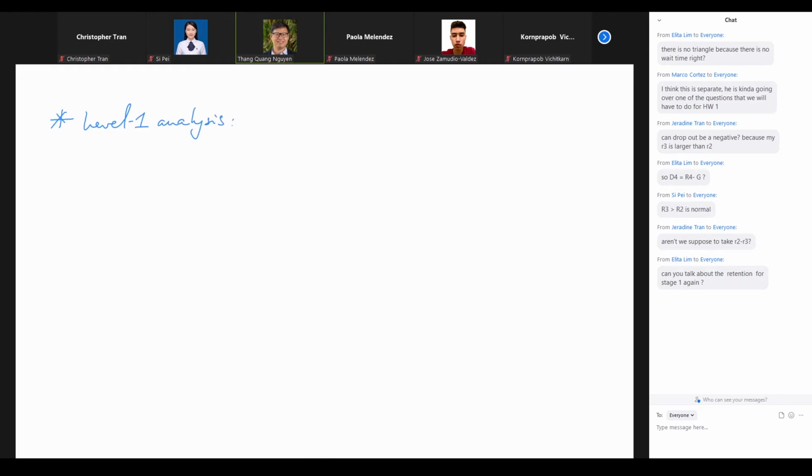Right. So at the end, we're going to have 3 levels of analysis. This is the first level. In this level, we are looking at processes with only one step and only one flow unit type.